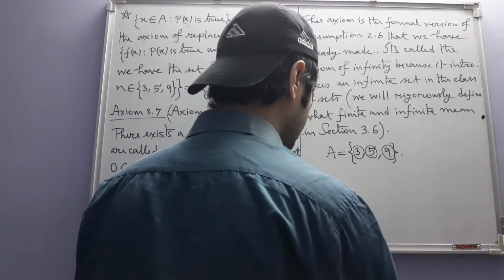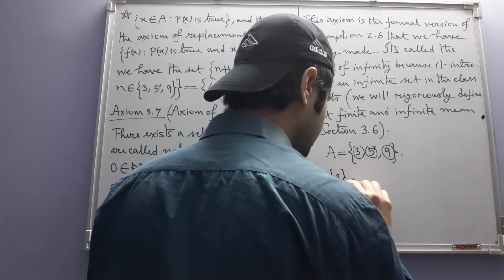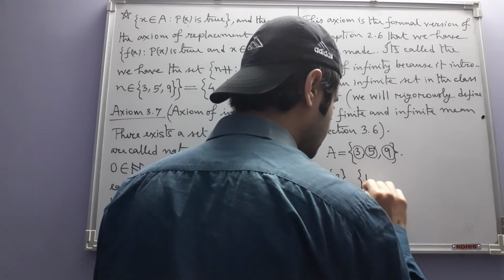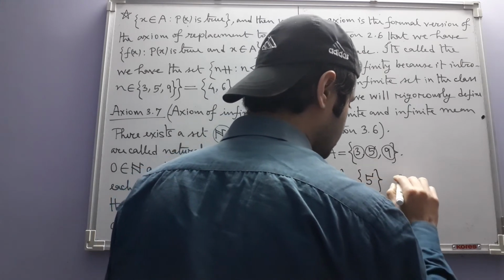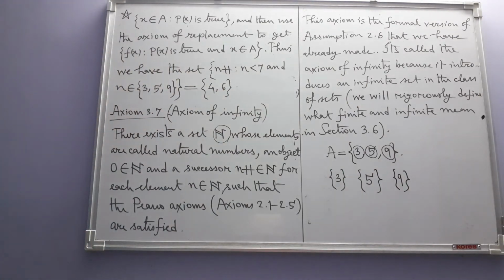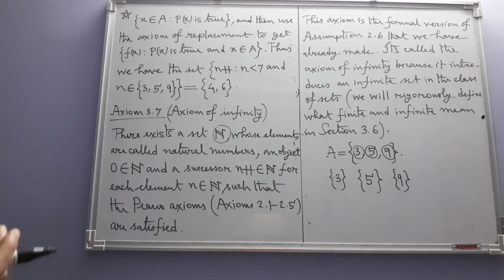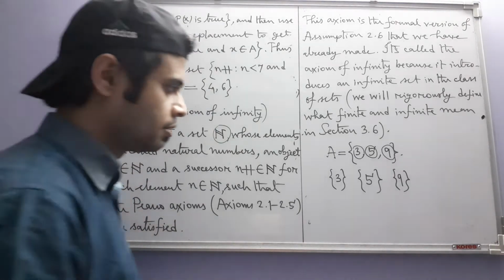Since they are objects, these singleton sets exist by the third axiom, because for any given object there exists a singleton set considering that object as an element.